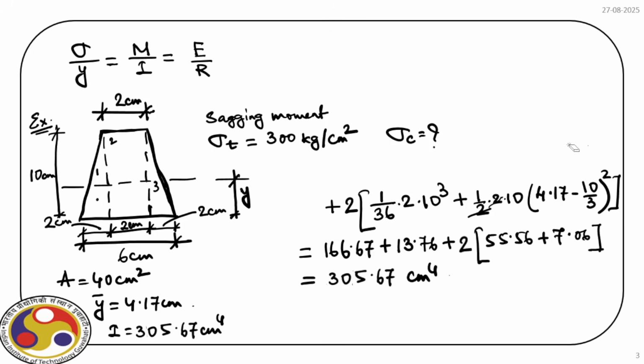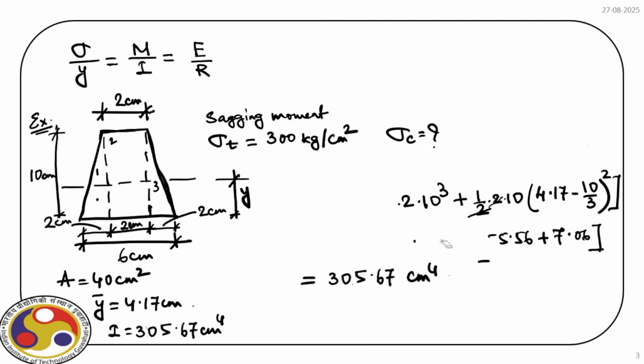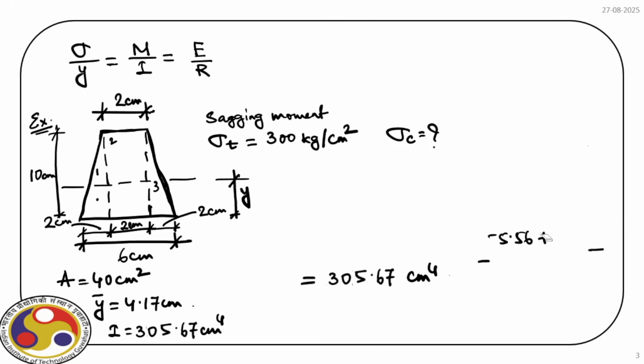Now we have the complete information and we can find out the bending stress distribution, and from there we will figure out the stress for the fibers under compression. We have sagging moment.